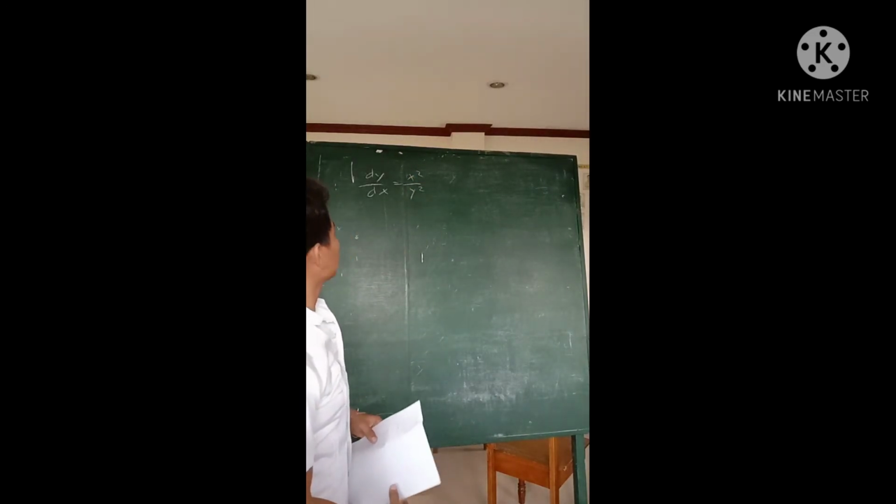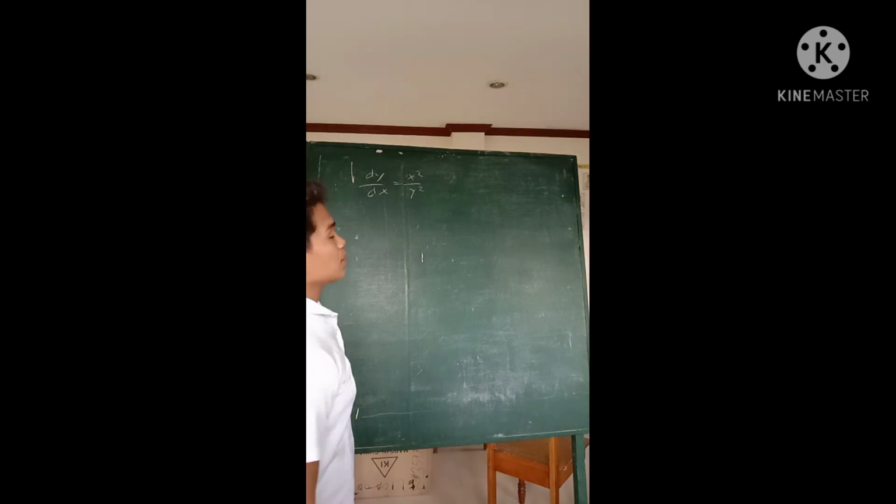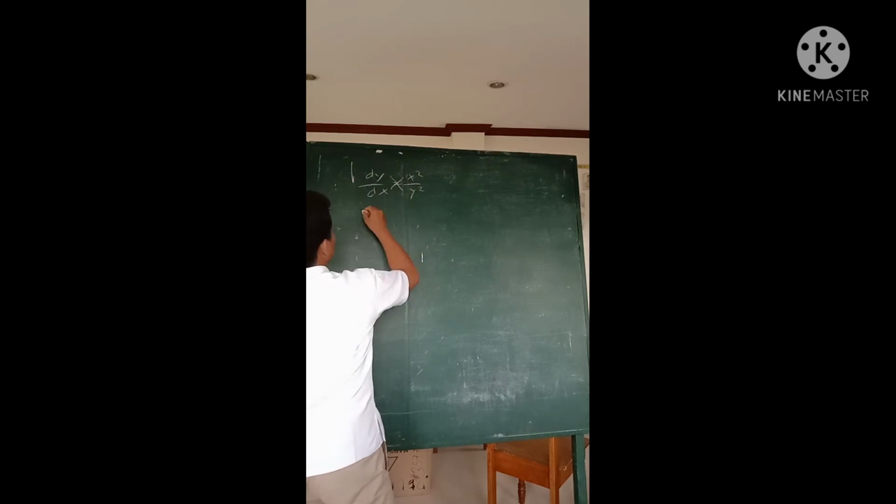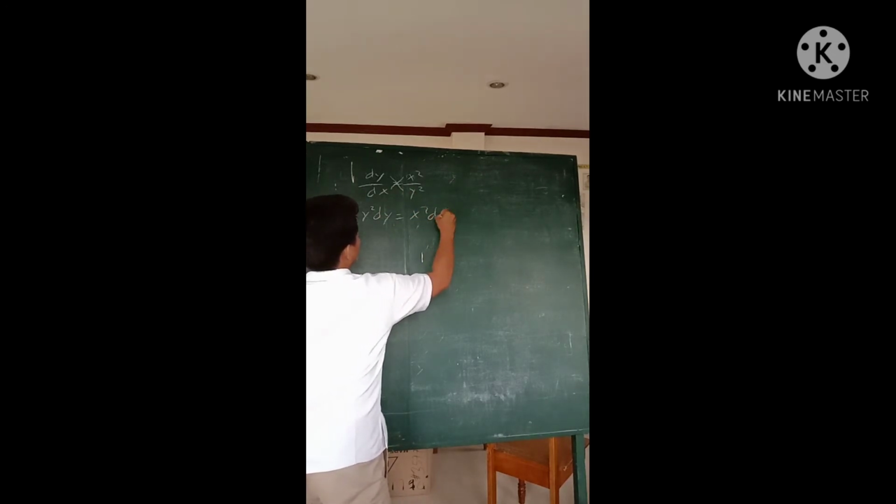On the left side, we only need the variable y, and on the right side, we only need the variable x. So first, we cross multiply. y squared dy equals x squared dx.